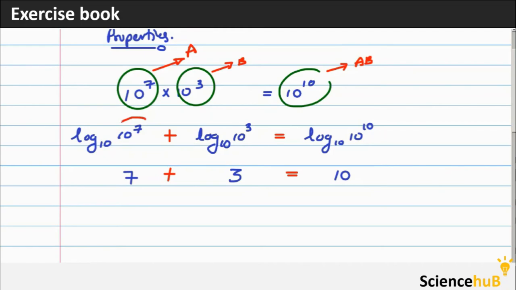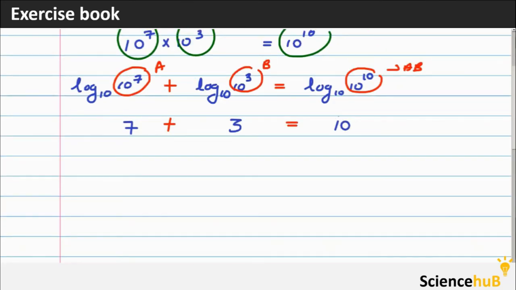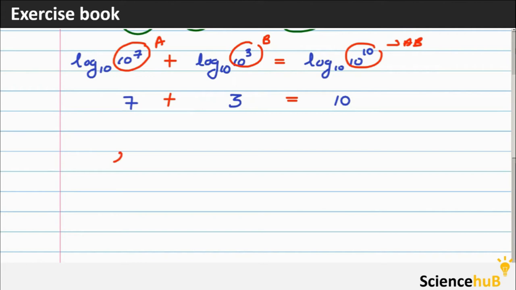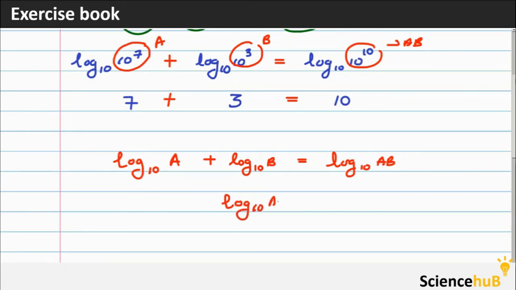So this is A, this is B, and this is A into B. Now I can say log base 10 of A plus log base 10 of B is equal to log base 10 of A into B. This also works the other way around: log base 10 of AB is equal to log base 10 of A plus log base 10 of B.